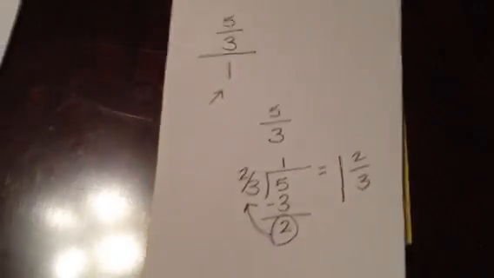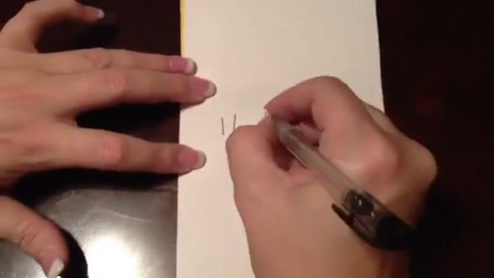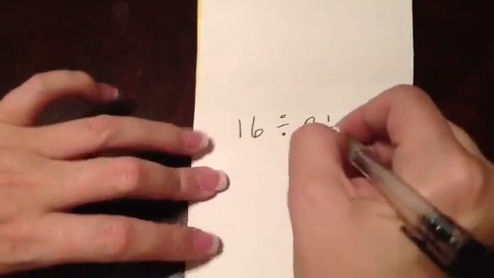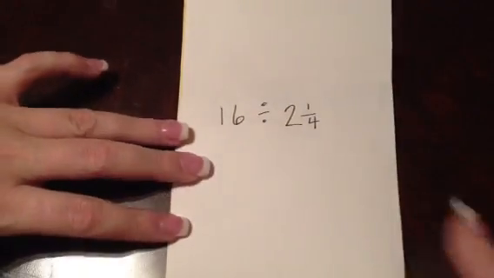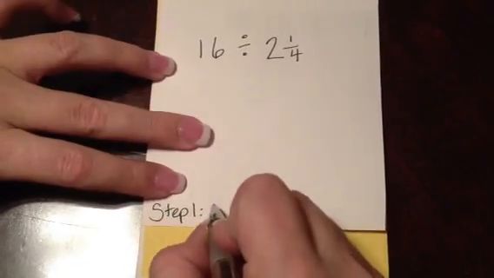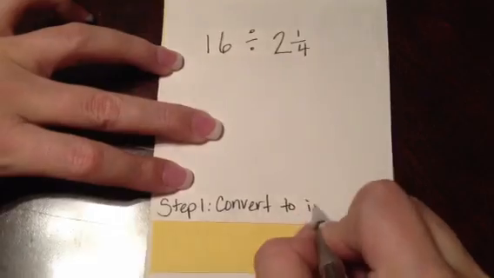All right. But what if it's a whole number divided by a mixed number? What would you do then? Well, the steps are going to stay the same. Step 1 is convert to improper fraction.